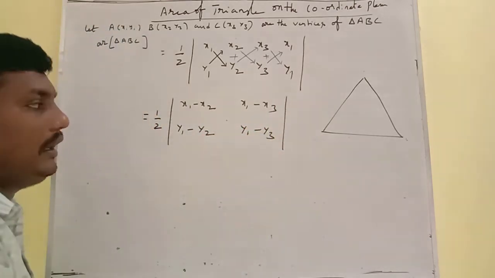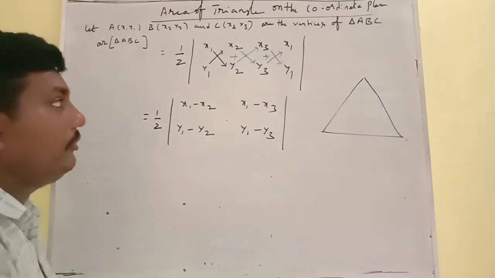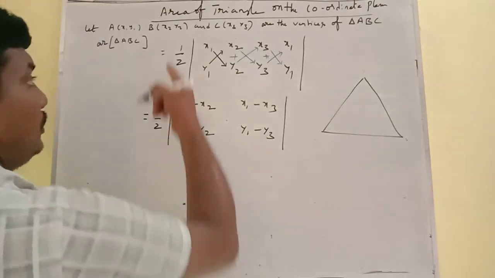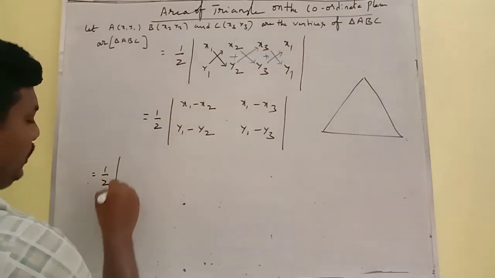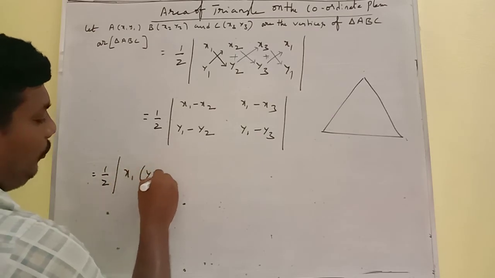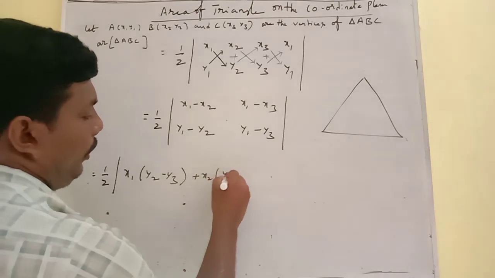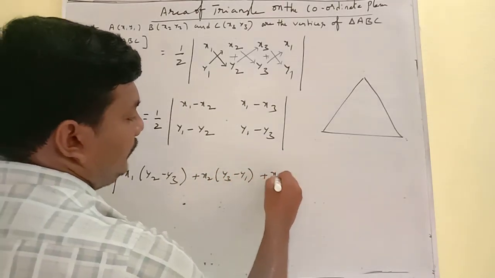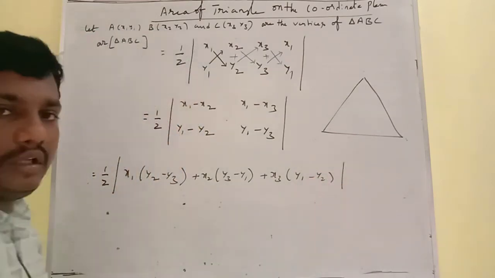This is another formula to find the area of a triangle. Previously we wrote the formula half into modulus of x1 into y2 minus y3 plus x2 into y3 minus y1 plus x3 into y1 minus y2. This formula we used earlier.